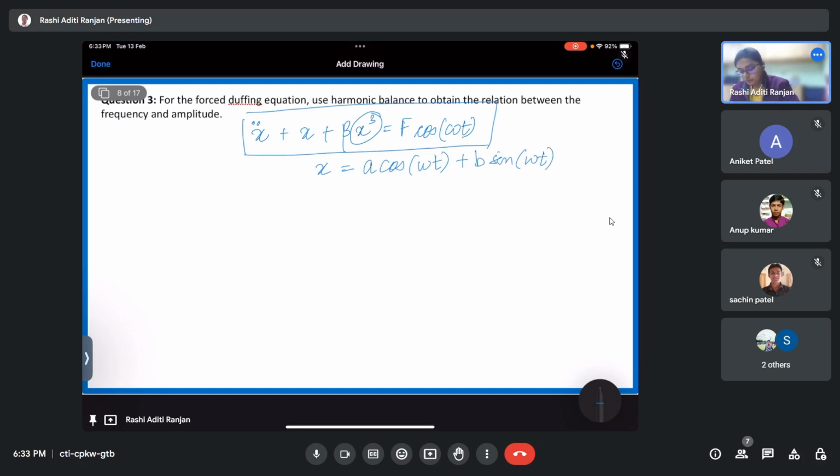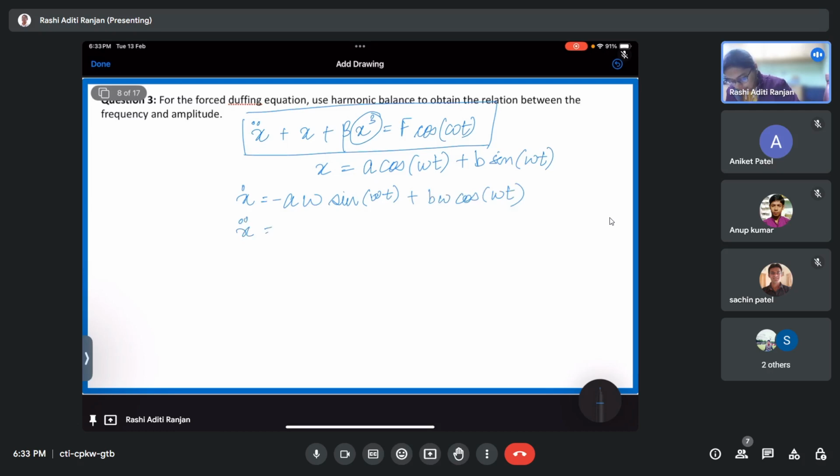Now if I have x, I can find x double dot and I can find x cube as well. In order to find x double dot, I'll first find x dot, which is minus a omega sine of omega t plus b omega cos of omega t.